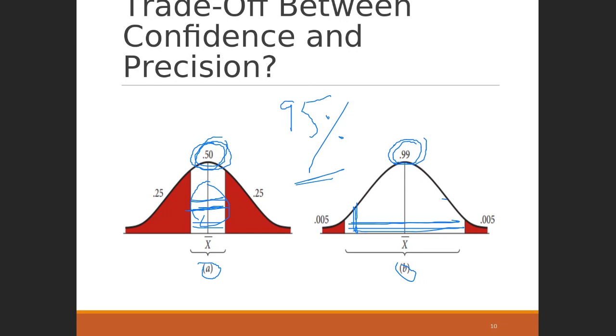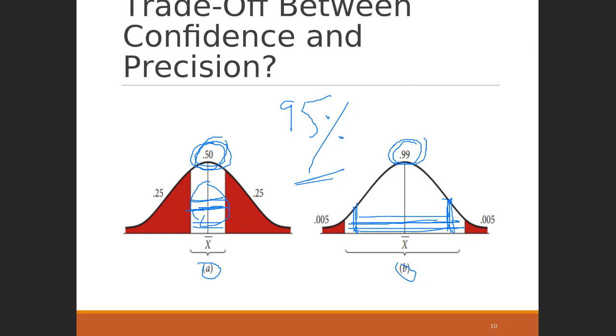So 95% confidence interval is reasonable. It gives you reasonable precision, and it gives you reasonable confidence level as well. So 95% confidence interval, although it is still pretty broad, is not very broad. So I would suggest all of you to use 95% confidence interval.